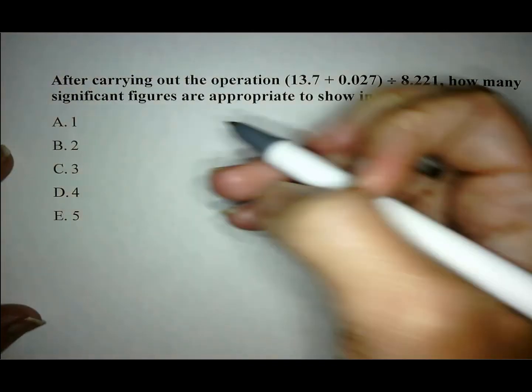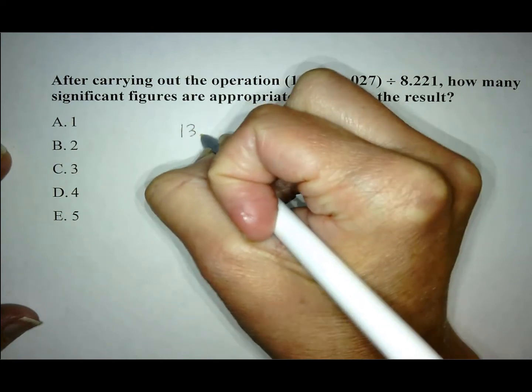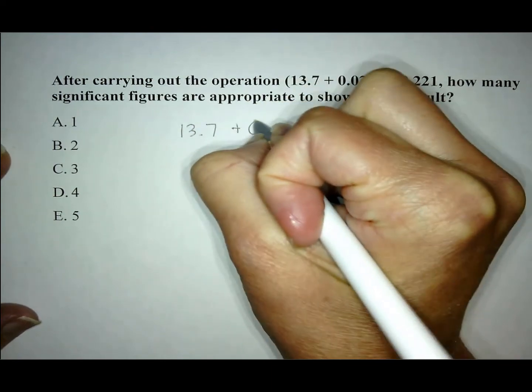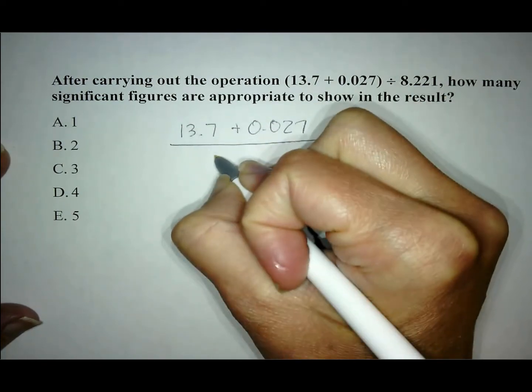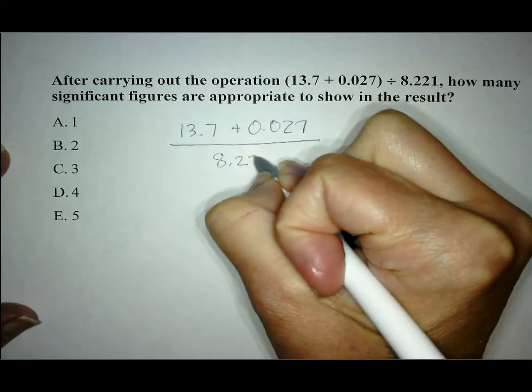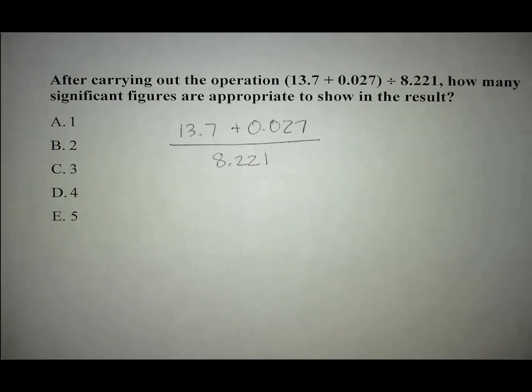If we want, we can rewrite the way this problem is laid out. We can put the 13.7 plus 0.027 on the top, and then we're dividing by 8.221. So we could plug it first directly into our calculator to get an unrounded value.